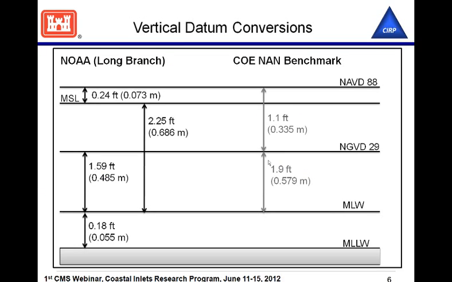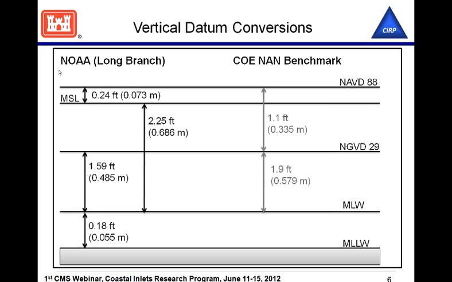So what I normally do for a project is when I start out, I'll gather all the different information that is available out there, and I'll make a chart that shows the relationship between the various stages. So we have NAVD88, mean sea level, and NGVD29, mean low water, and mean lower low water.